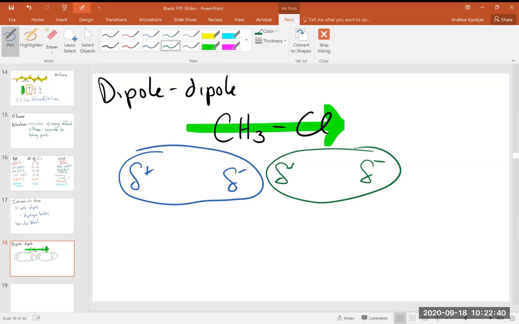Now, this is nowhere near as strong as a bond, and nowhere near as strong if we had ionic intermolecular forces. But when we think about organic molecules, they're almost always just these polar covalent molecules. And so dipole-dipole is the strongest attraction we see for the overwhelming majority of molecules.